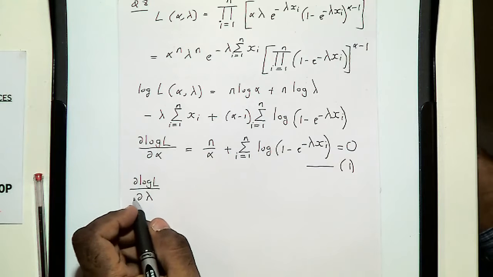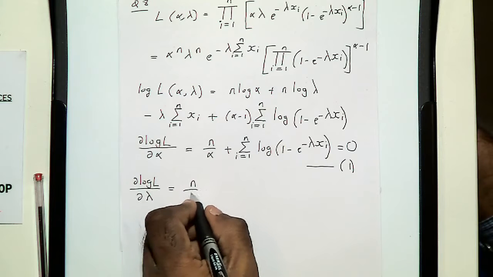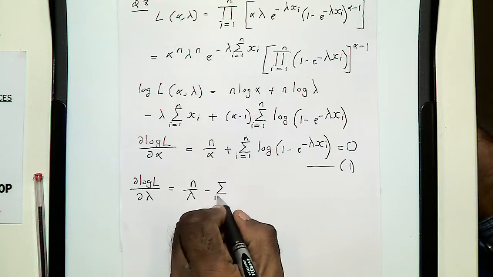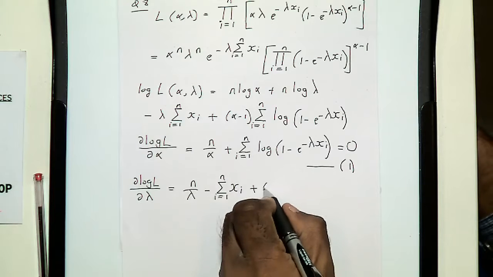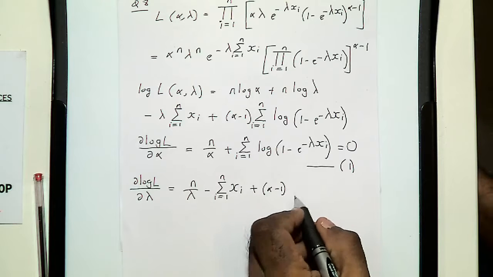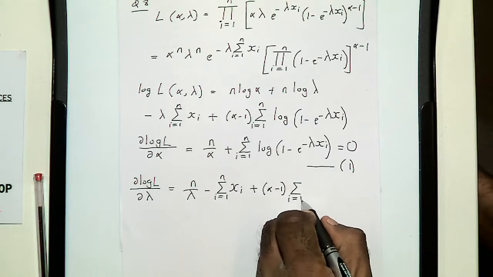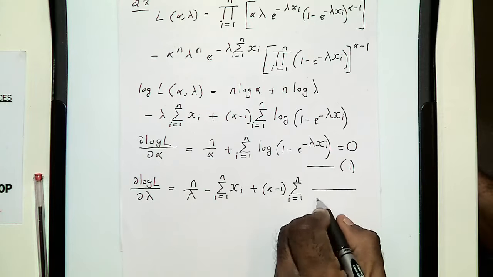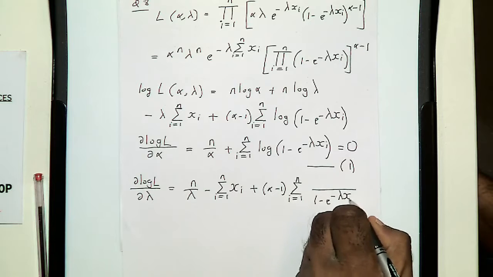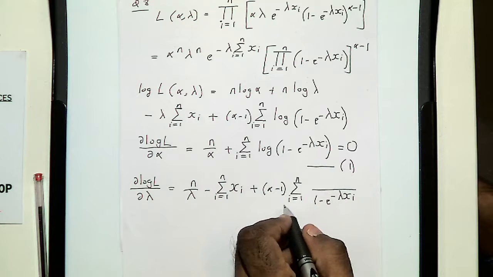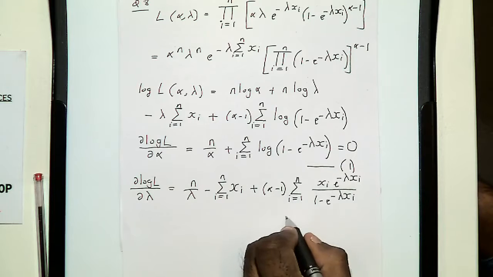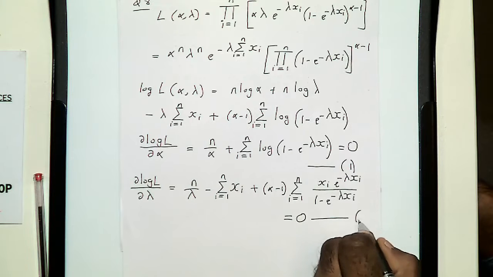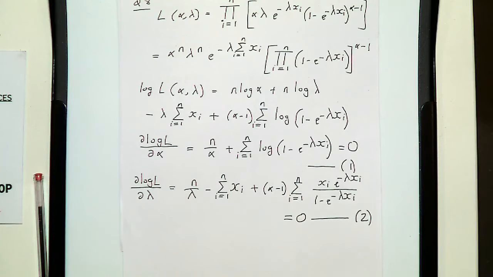And with respect to alpha, we get equation 2. Correct me if I'm wrong. So these are the two.